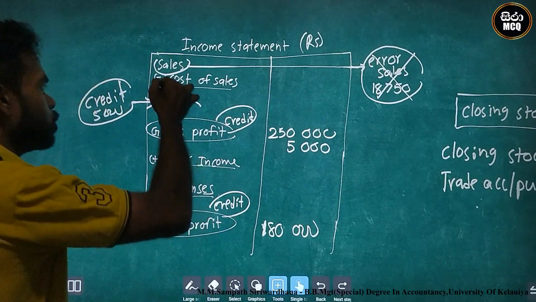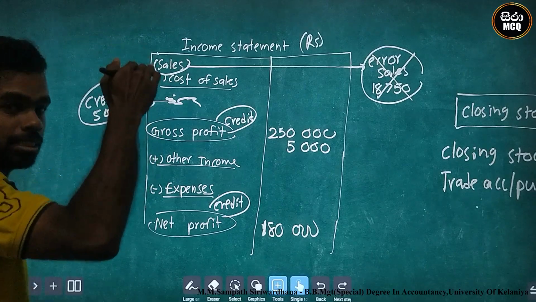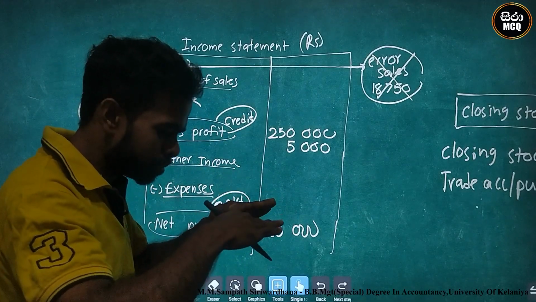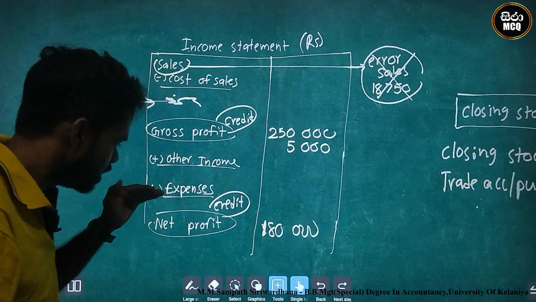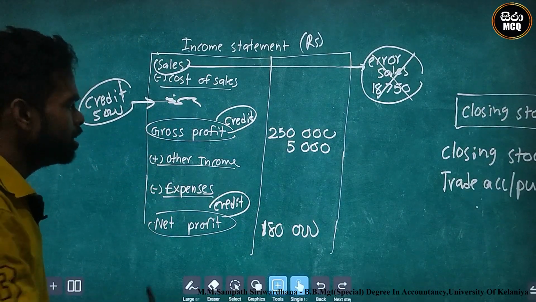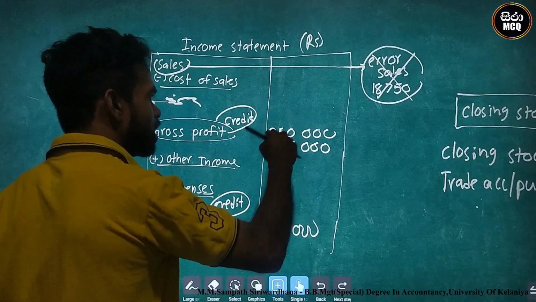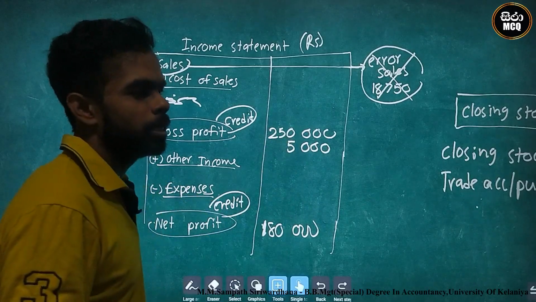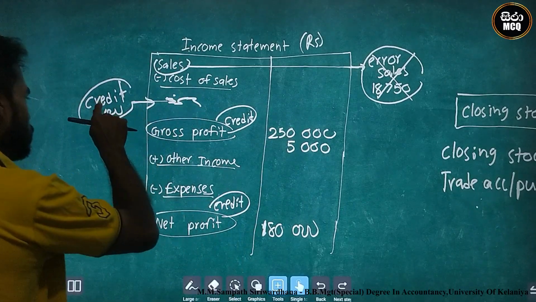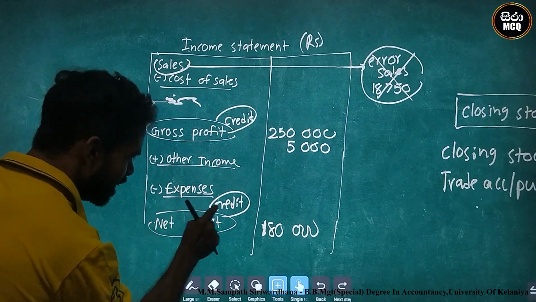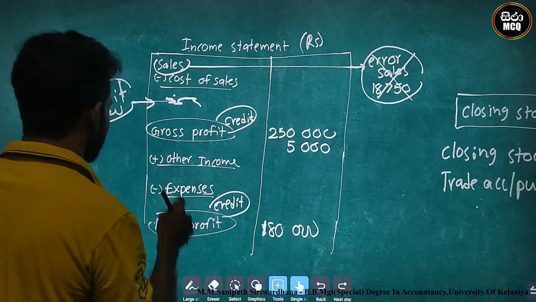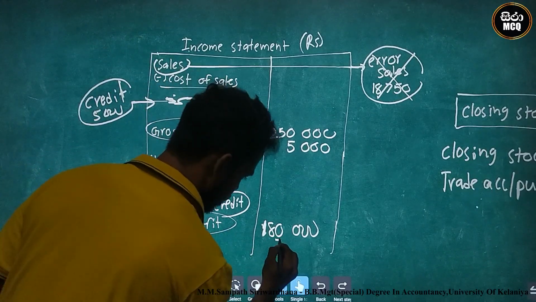Why? The top area is impacted and the down area, this side, is already impacted. The gross profit should be impacted and net profit should be impacted. The short is a credit short, and net profit is a credit balance, so we must add this. Why? The short is credit, plus this.